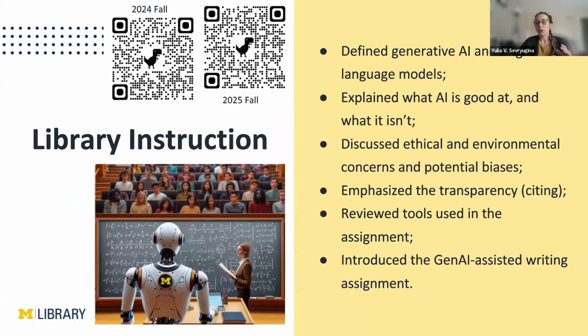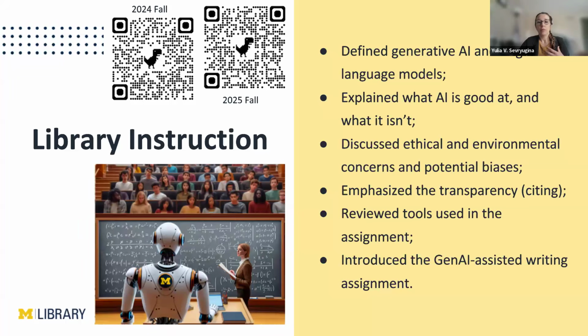But I want to talk a little bit more about the different components of this assignment. So for my library instruction, I focused on really just developing AI literacy in these students because they all come with different levels of knowledge.